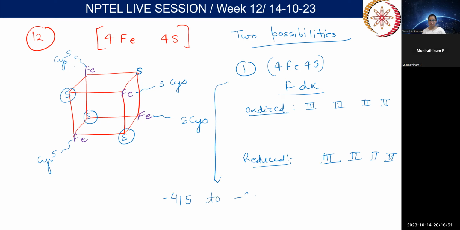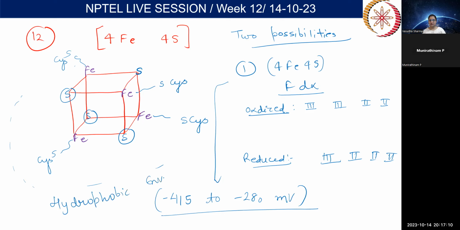-415 to -280 millivolt. That is the redox potential range for this particular system, and it's very negative. Why is it so? Because generally these kinds of proteins, these kinds of agents, will be in a hydrophobic environment, and that hydrophobic environment is not very suitable or favorable, we can say. So it is unfavorable.